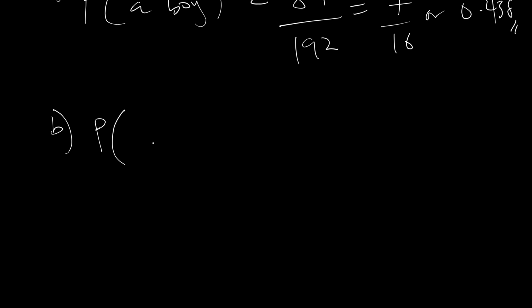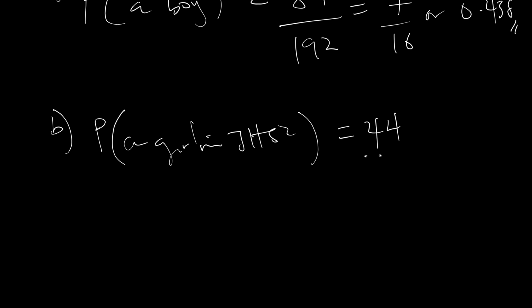So P of selecting a girl in JHS2 is equal to 44 divided by 192. Now this is the same as 11 over 48, or 0.229.